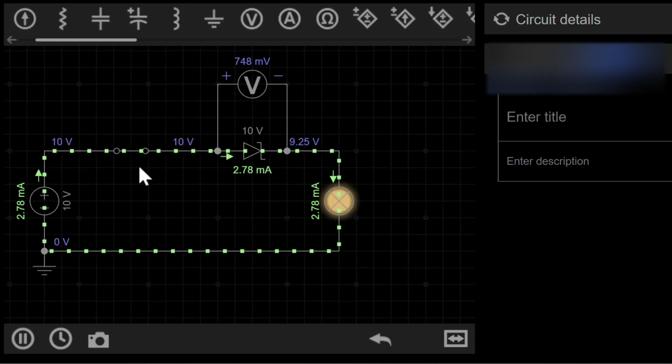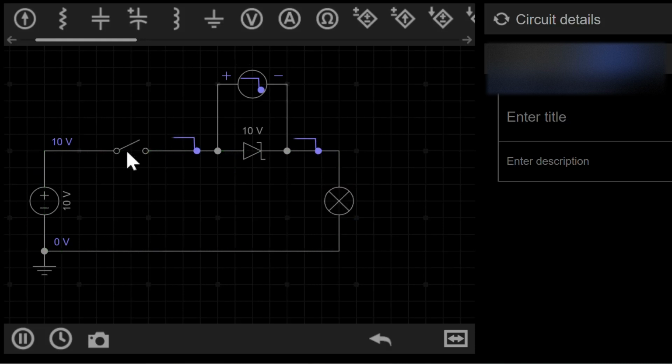So what happens? Let's say I connect the Zener diode in a reverse manner. Let's turn off the switch.